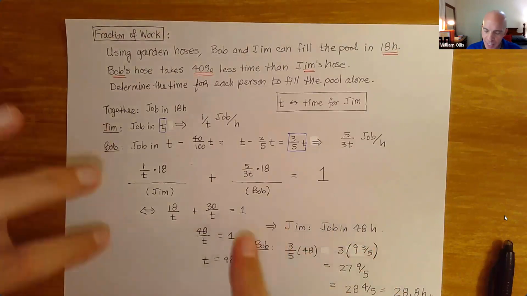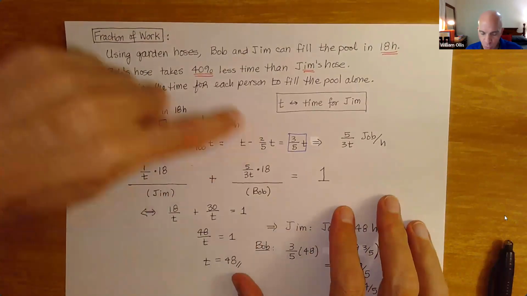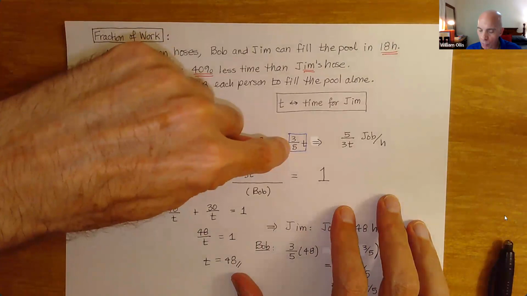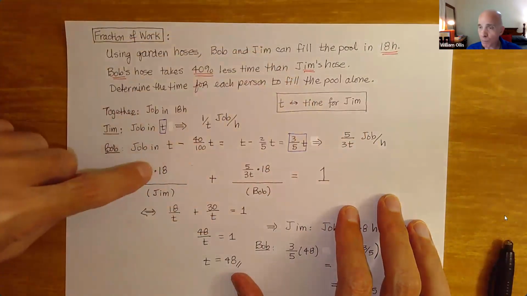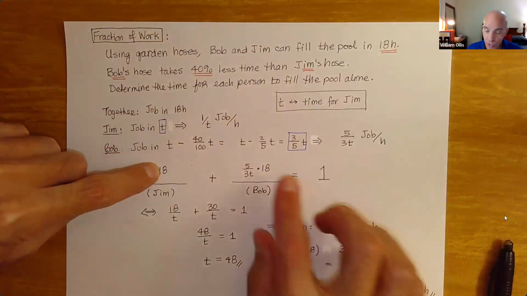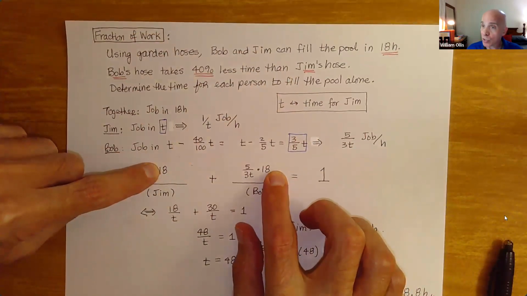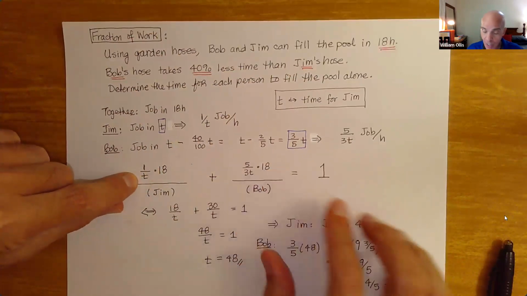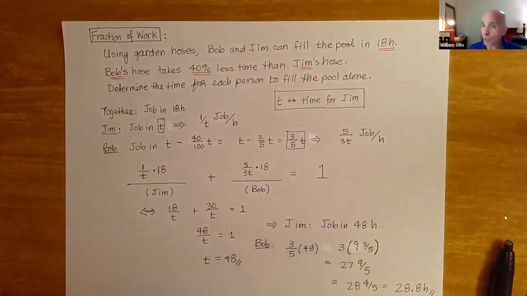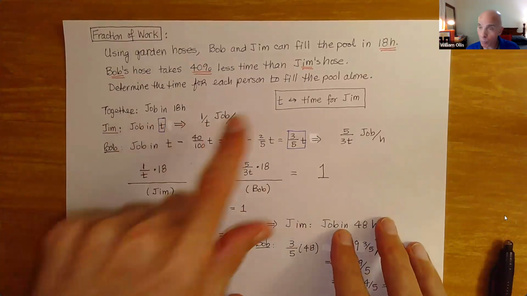So the key here is this reciprocation that's going on gives us the fraction of the job per unit time, and we multiply by the 18 hours that they actually work doing the job together. And then we have the fraction of the job for Jim, and the fraction of the job for Bob, all as functions of T, which is the unknown that we're looking for.